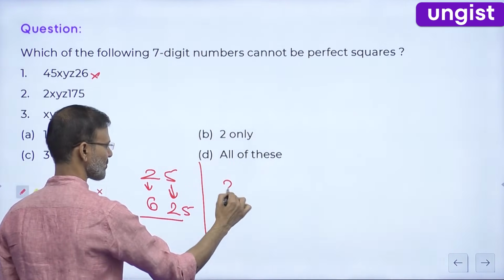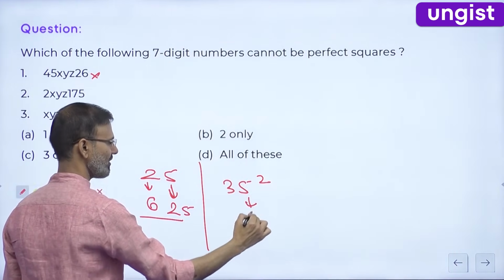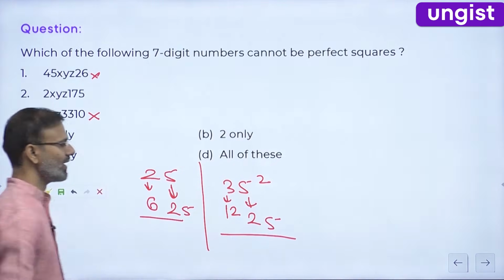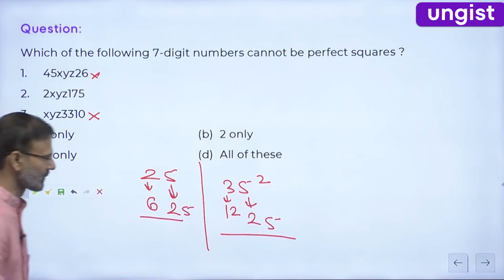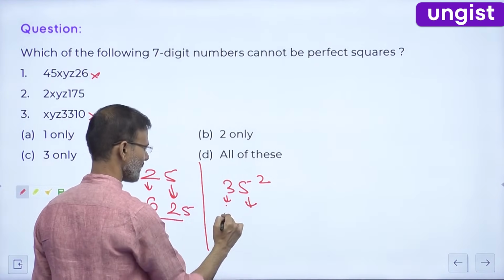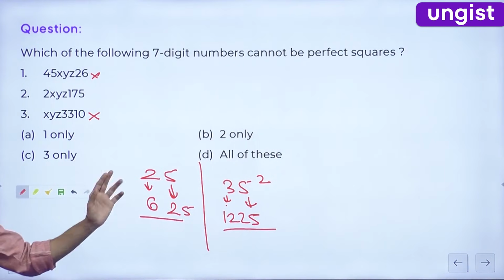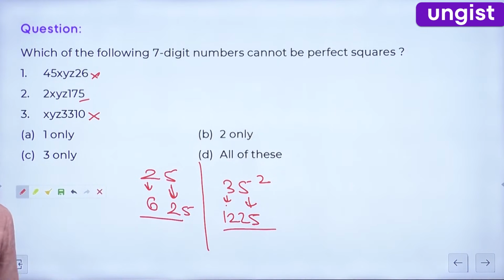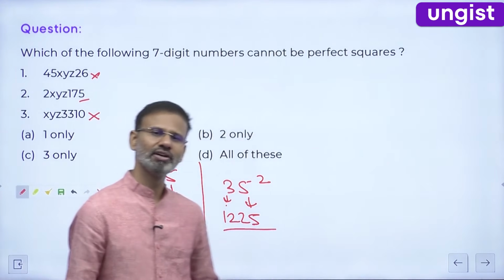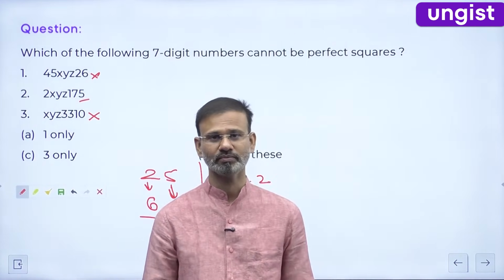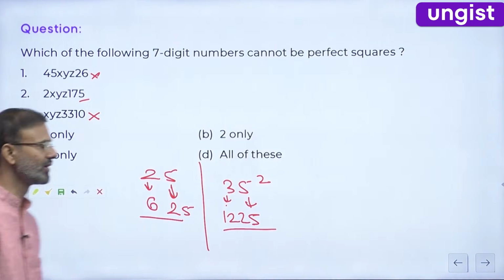Suppose 35: 5 square is 25, and 3 into 4 is 12. So this is 1225. All right. So friends, if a square is ending with 5, it will always end with 25. Always.